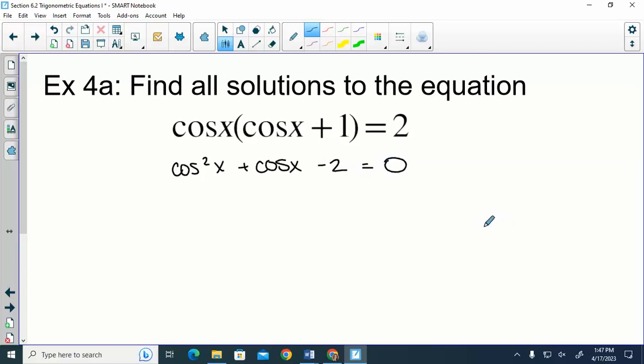So now it's just like the last problem except cosines instead of tangents. So cosine squared breaks into cosine.